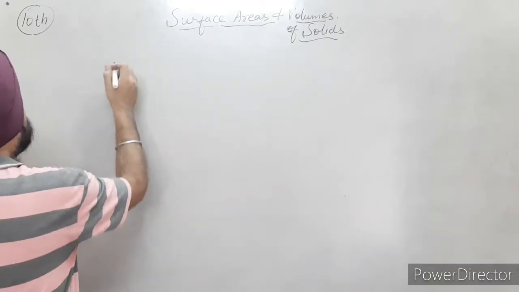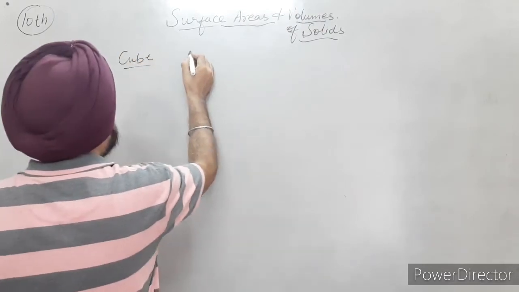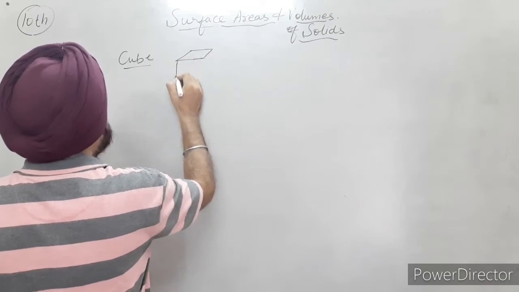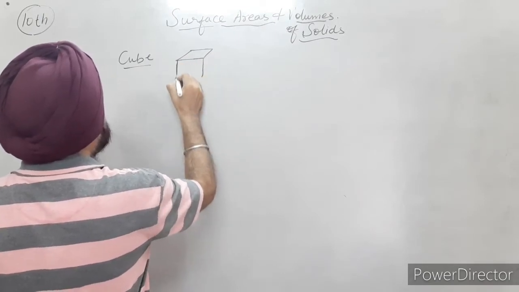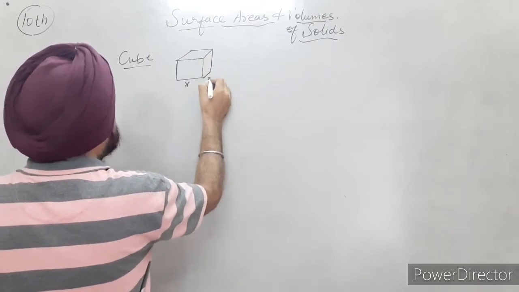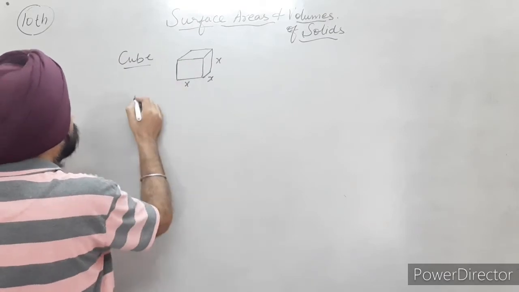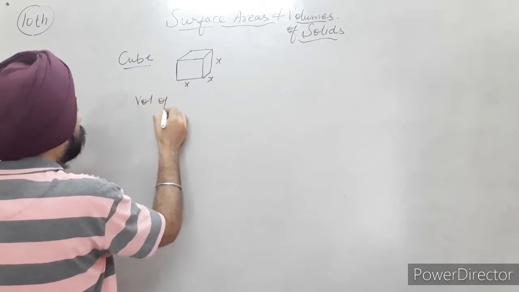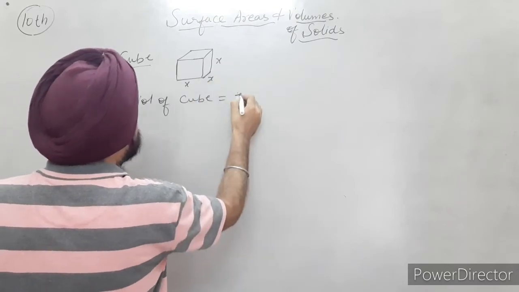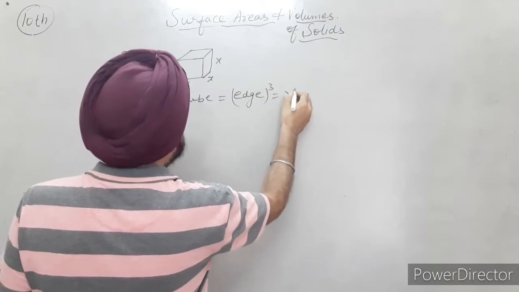To begin with, let me begin with the cube. Now, as all of you know, all the faces of the cube are square shaped, like this. Say this is x, the height is x. So the volume of the cube is h cube, that is x cube.